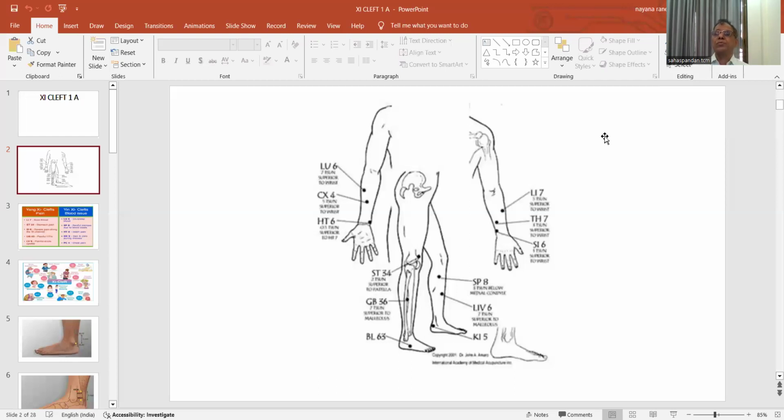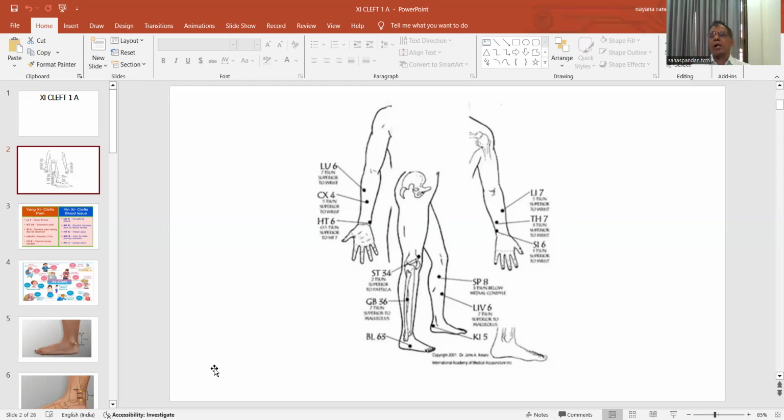Okay, thank you. There are 12 meridians in our body, and in the 12 meridians, there is one Xi-cleft point in each meridian.